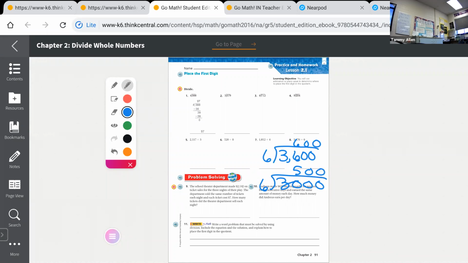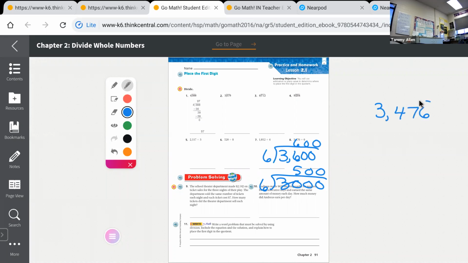This one is closer to the actual than this one, but I would accept either one. This is the better one because it's closer to the actual.